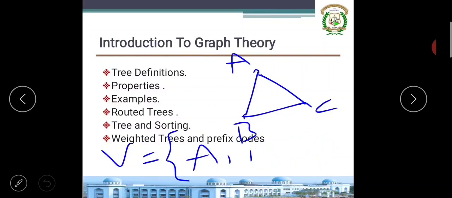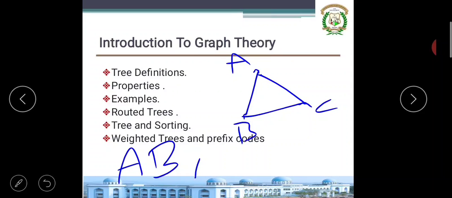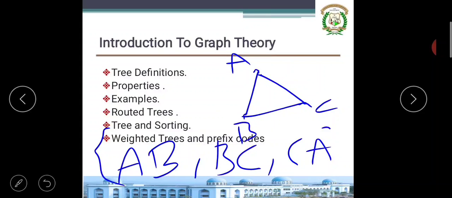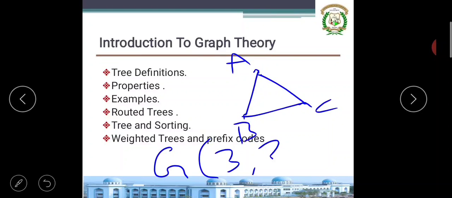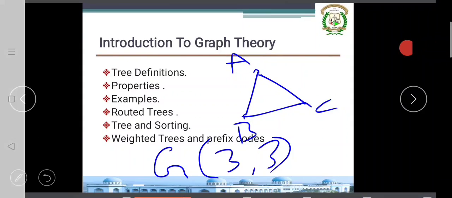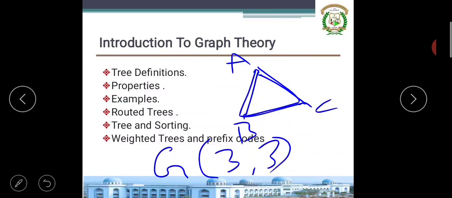And the edge set contains AB, BC, and CA, so three edges. So this graph contains three vertices and three edges, and can be represented like this: G of 3, 3. Three vertices A, B, C and three edges AB, BC, CA.